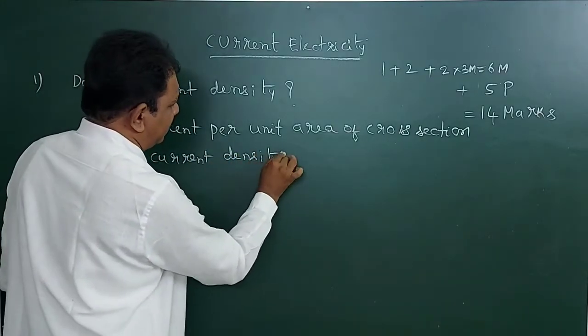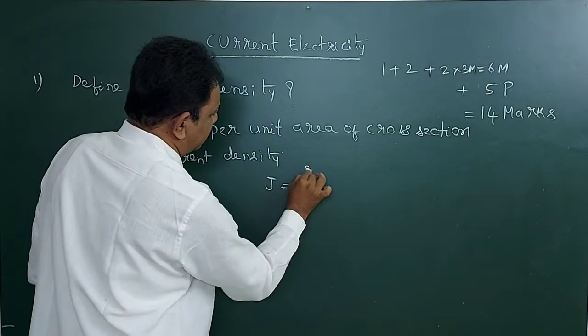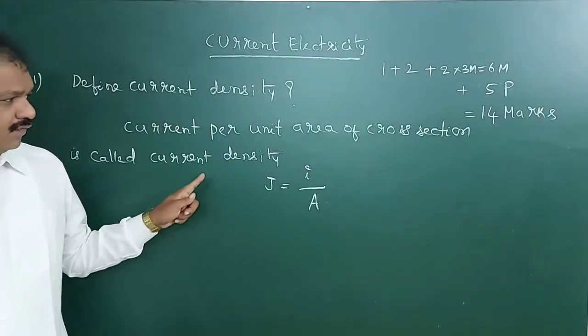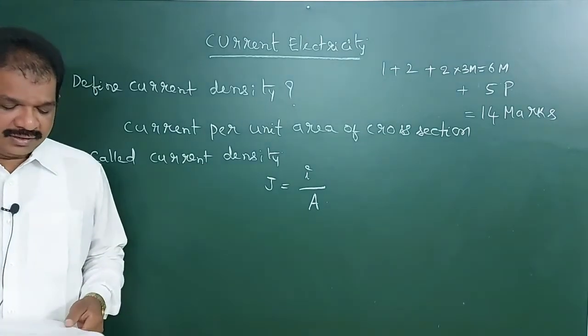Current density formula: J is equal to I by A. Current per unit area of cross section, that will be called current density.